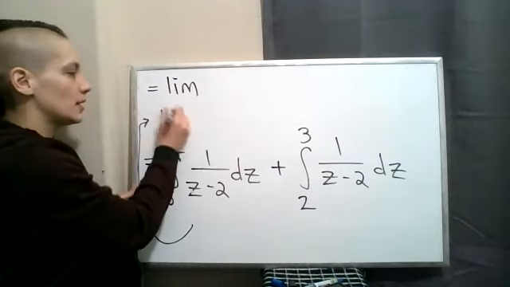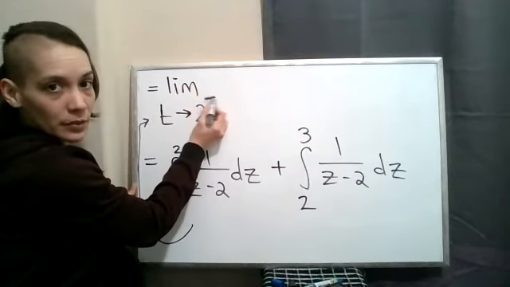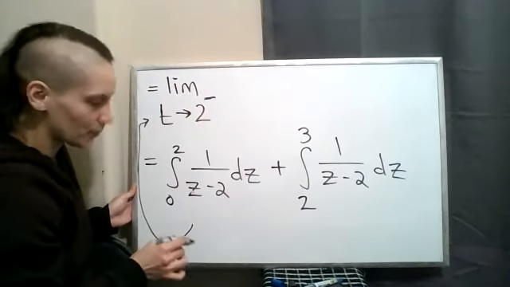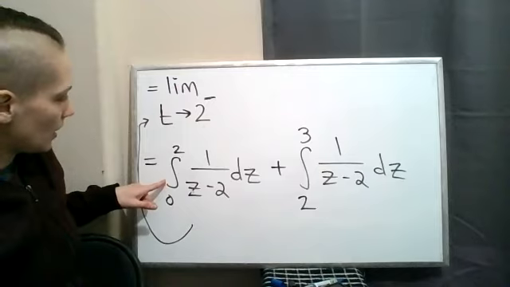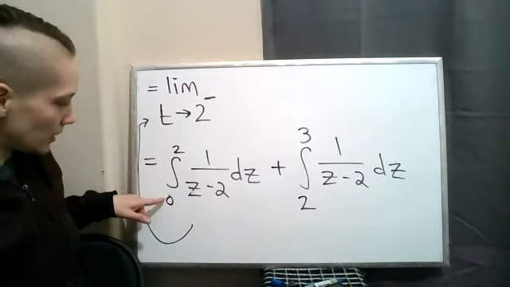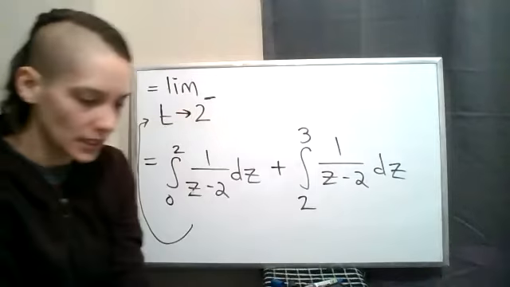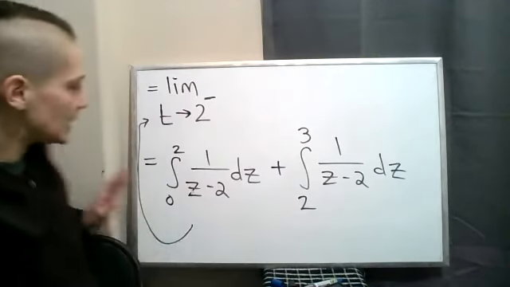So t approaching 2, and up here we're going to put a minus sign, which means we're going to 2 from the left side. We're going from 0 to t of 1 over z minus 2 dz.